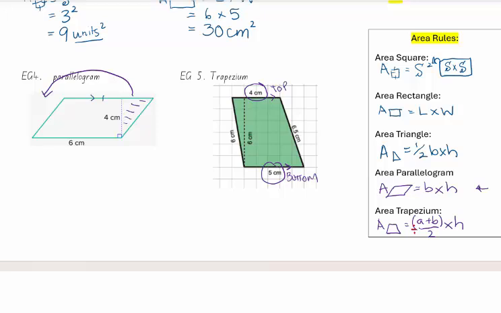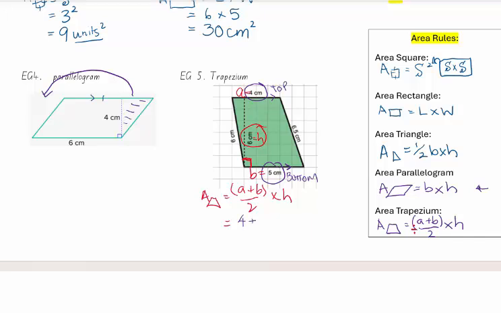Okay, so we're going to label this A, we're going to label this B. Now see how we've got all these different measurements? The only thing that I'm interested in is, again, the perpendicular height. This is at right angles to the base. Next step is write the rule. Area of a trapezium equals A plus B over 2, I'm just putting it in brackets, times the height. Okay, sub the values. What does A equal? Oh, look at that, 4 centimetres.